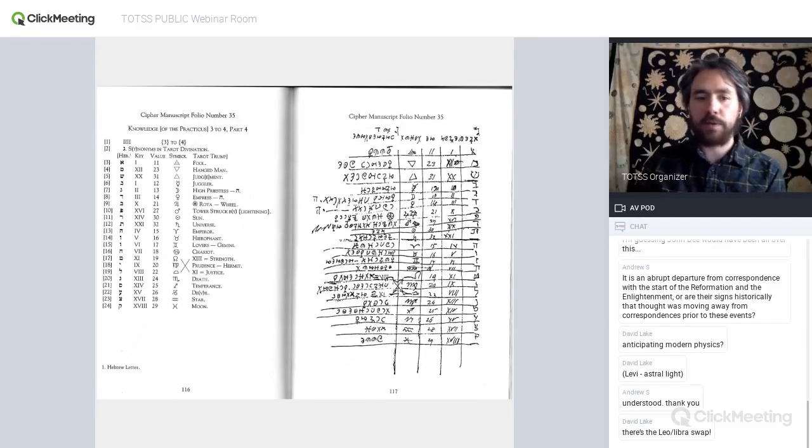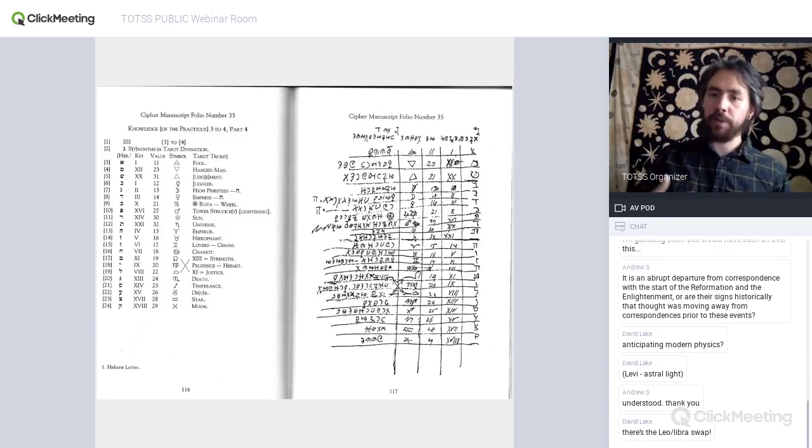It's a fairly obvious thing that Justice should correspond with Libra, and of course the traditional image in the Strength card is a woman holding open the jaws of a lion, and Tet corresponds with Leo, which means lion, the lion constellation. So that switch is a very natural thing.